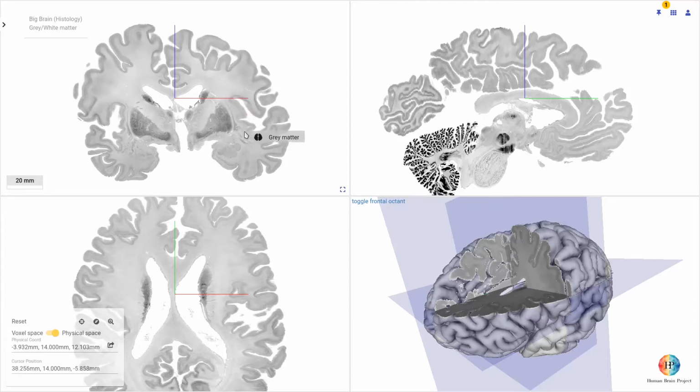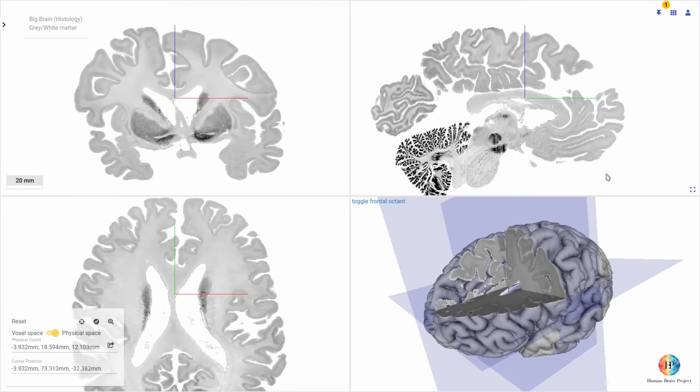So this brain within a brain here, which contains the basal ganglia and is closely associated with the amygdala over here, is the insula, the Isle of Reil. Alright? Okay, moving forward.